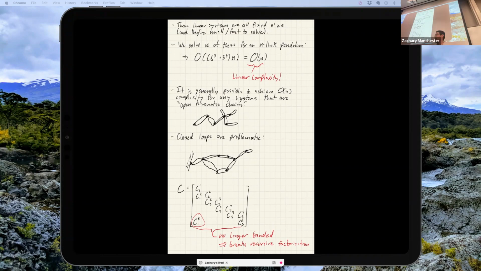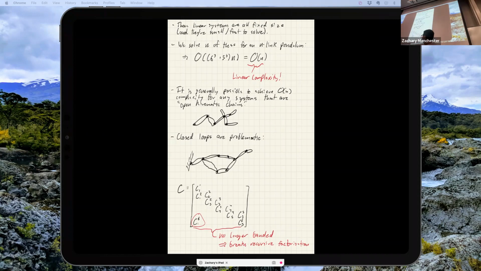But what you can get to happen here is I can play nice games where I permute this matrix. I can always permute rows and columns and move things around. So I can basically squish things around, squish this guy into one of the corners. I'll take all my closed loop badness and squish it into one corner of this matrix such that the rest of it is the nice serial chain part.